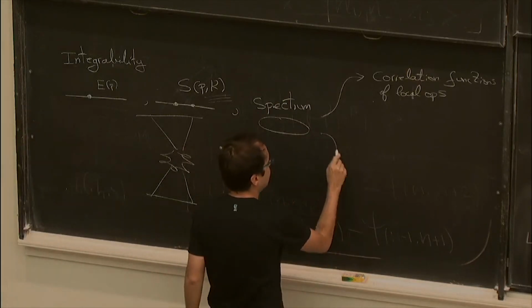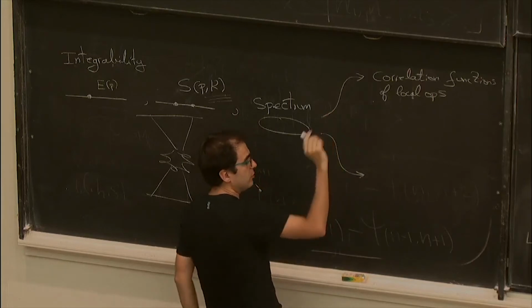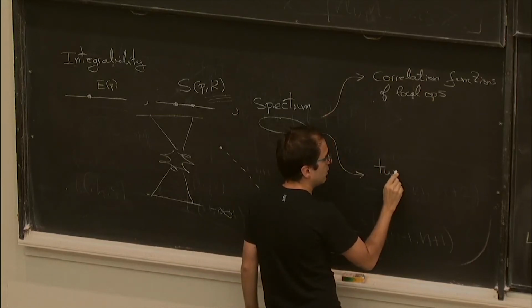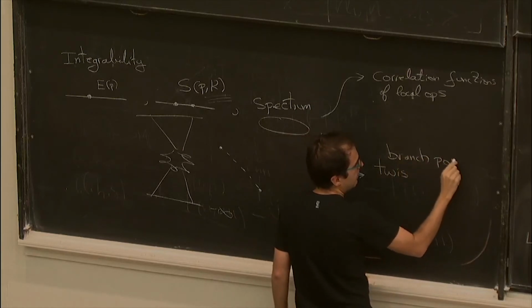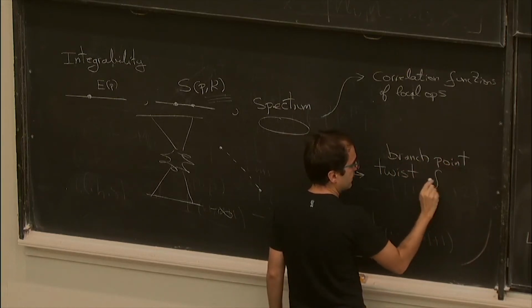On the other hand, there are these operators, which turn out to be exactly these, which are called branch point twist field operators.